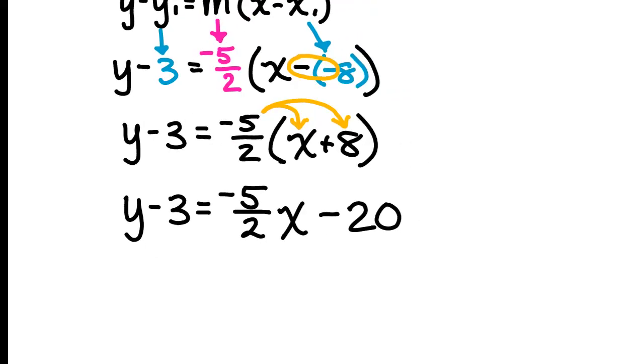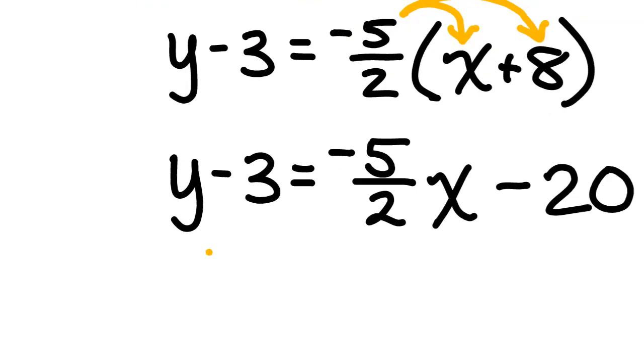All right, so I have y minus 3 equals negative 5 over 2x minus 20. Does it look just like this yet? No. What would need to change so that it has this form? Yeah, we need to move that 3. How can I move the 3? Add it. We're going to add 3 to both sides.